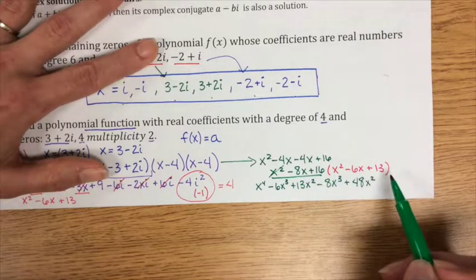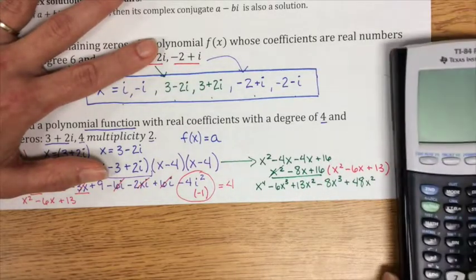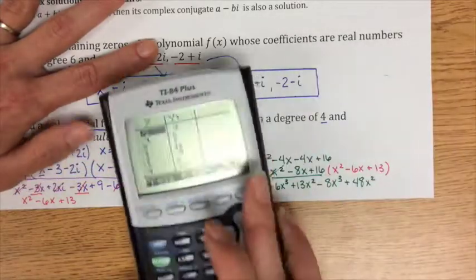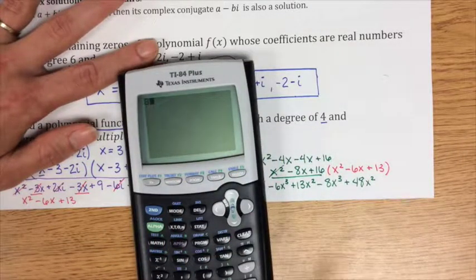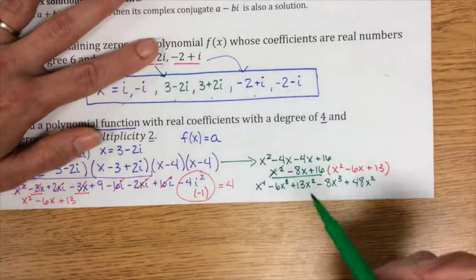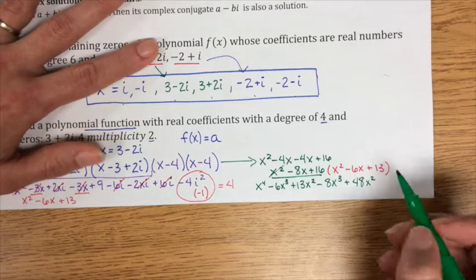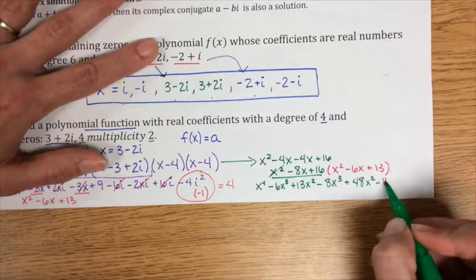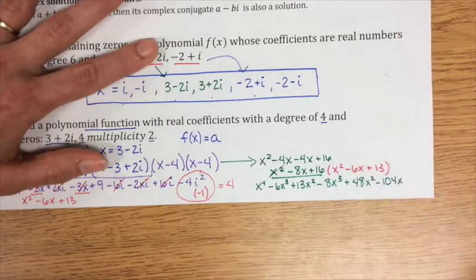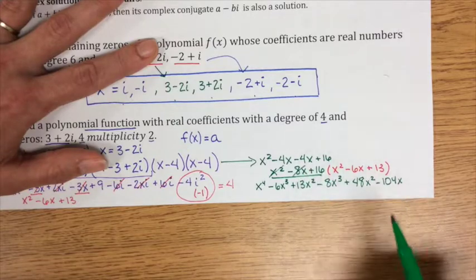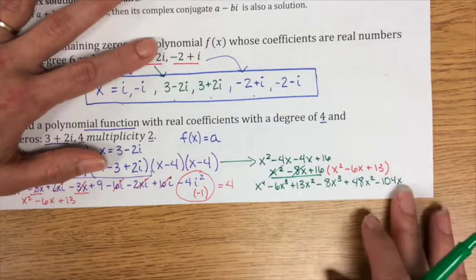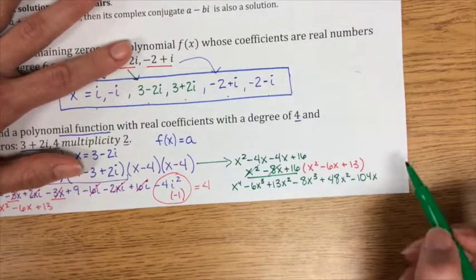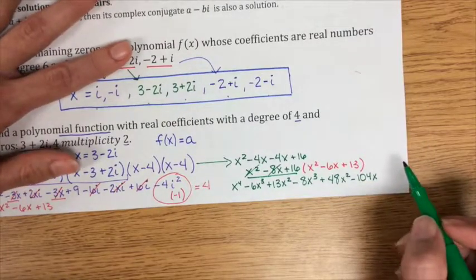-8x times 13. Now this is where my multiplication skills are going to be challenged a little bit. 8 times 13 is 104. So -8x times 13 is -104x. I'm done with my -8x. Last is 16. Woo, and I'm running out of room just a little bit.